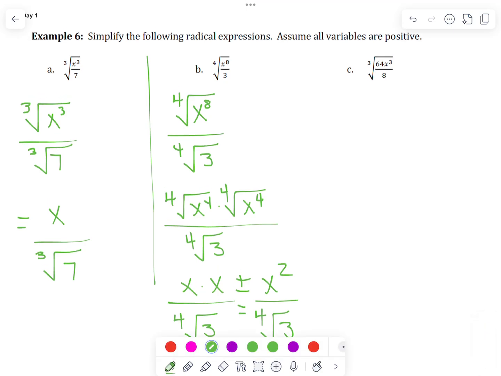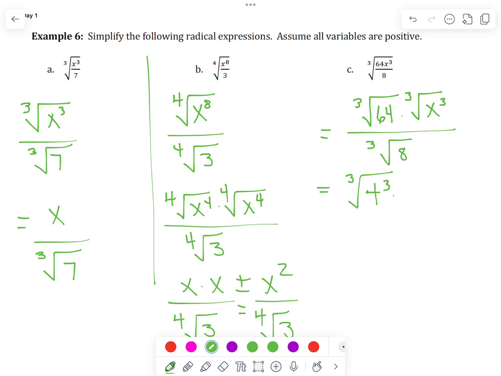All right, back to an odd index. So we have the cube root of 64, and then cube root of x cubed, denominator, cube root of 8, and then the cube root of 64, I'm going to rewrite that as 4 cubed, cube root.